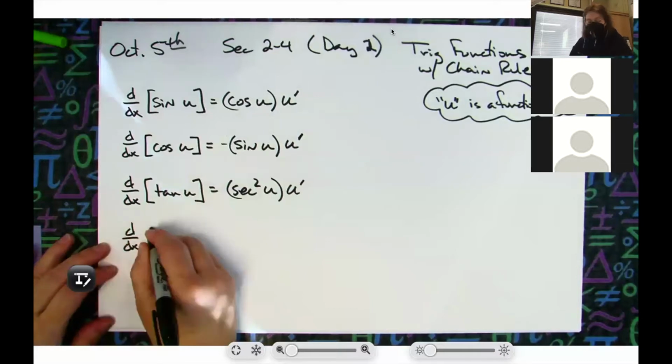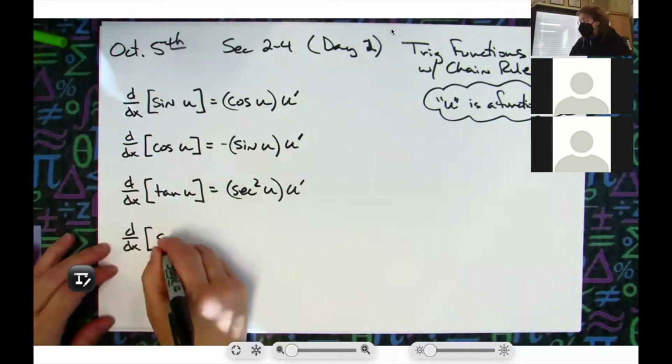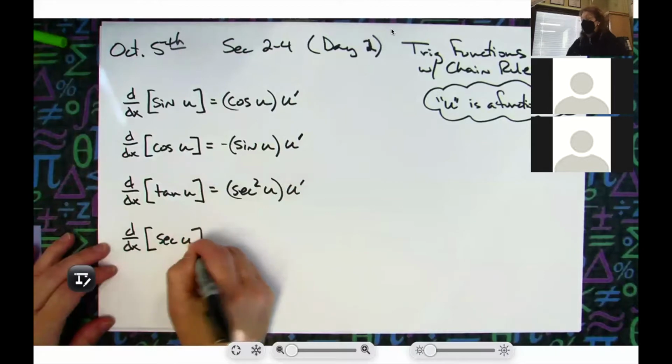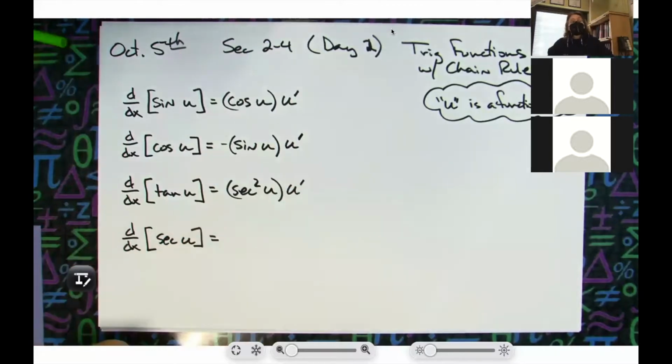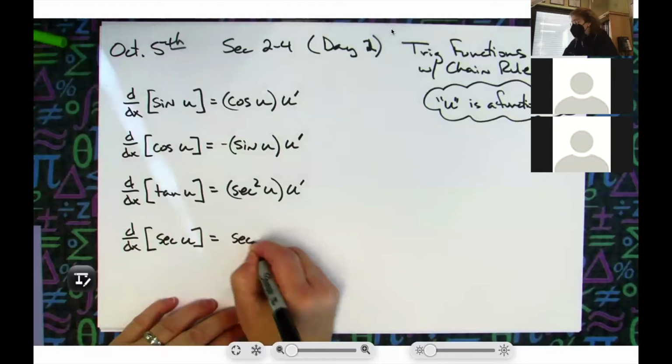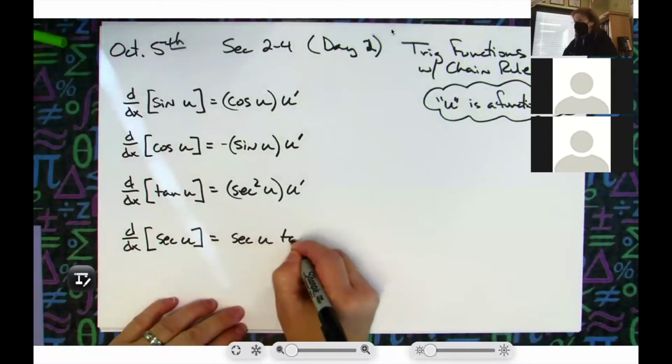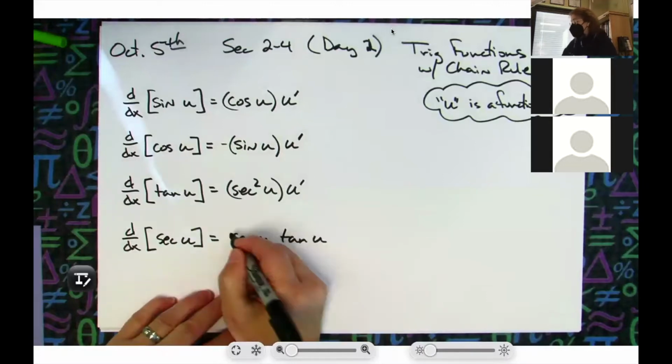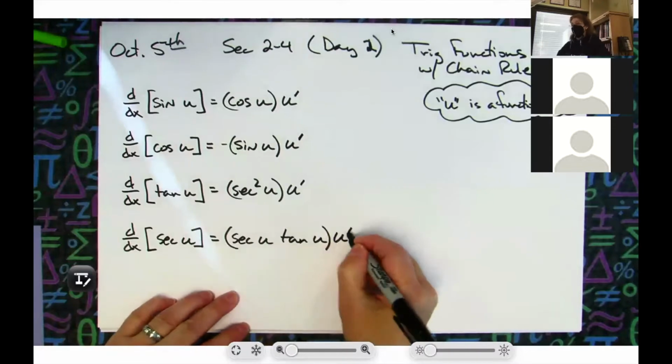Let's see, we should know secant. Secant u, where u is a function of x. Okay, so the derivative of secant is secant tangent. So secant u tangent u, because that's the formula itself, and then times the chain.